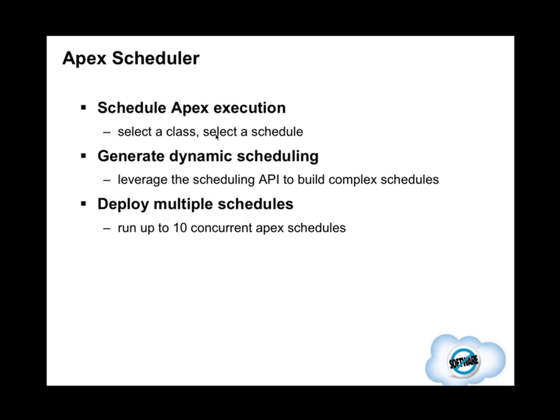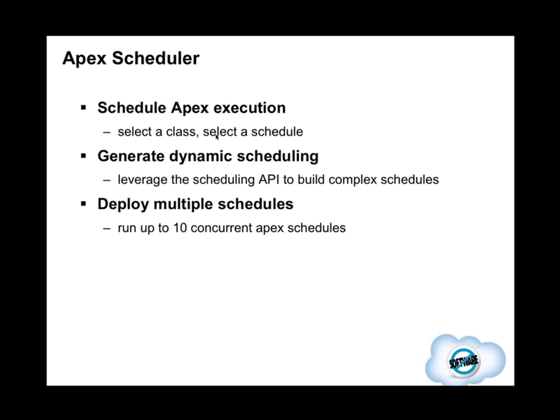What that means is you can now schedule Apex execution, whether you do it through the UI, and we've also exposed an API if you're looking to create a very complex schedule. And if you are familiar with cron syntax, then you can leverage a cron expression to build a complex schedule on our platform.